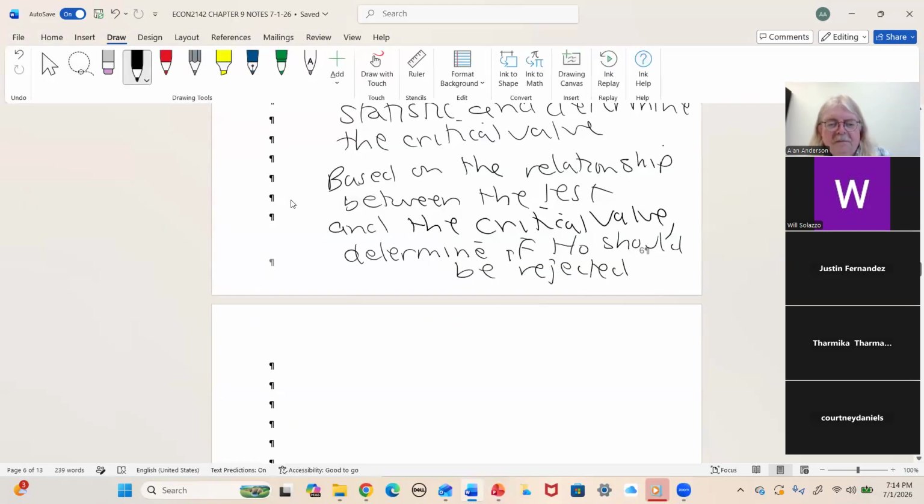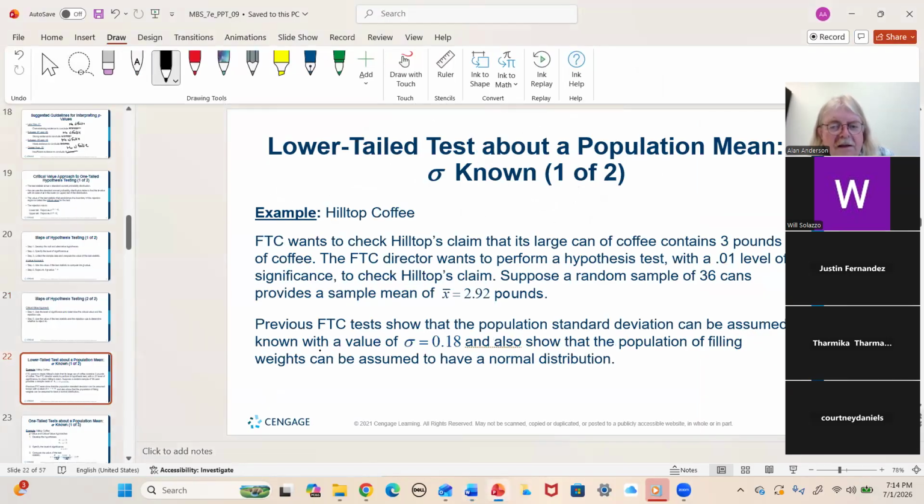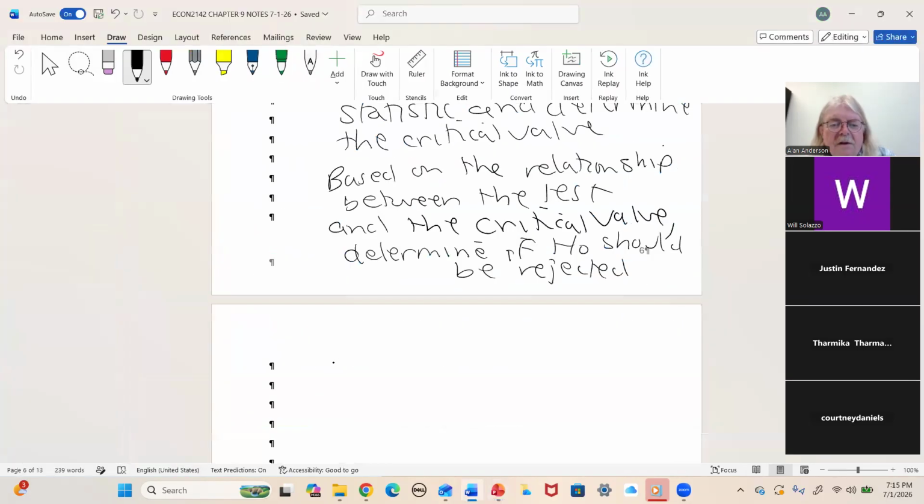All right, so we know that the assumption is that it's 3 pounds. It should be pretty clear that they're only going to be in trouble if the mean is less than 3 pounds. So the null and the alternative will be written in the following way.